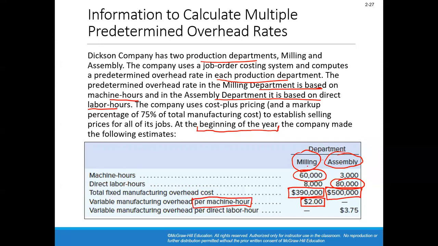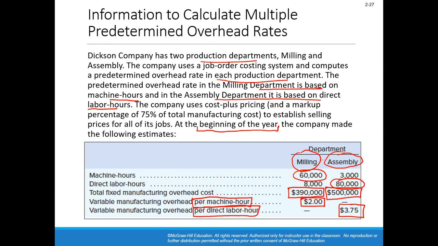Because the milling department is a machine intensive department where machines are used mostly. But for the assembly department, the variable manufacturing overhead cost is given per direct labor hour, because the assembly department is mostly labor intensive.